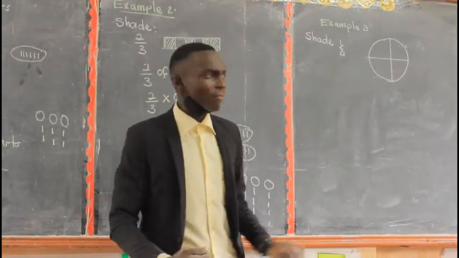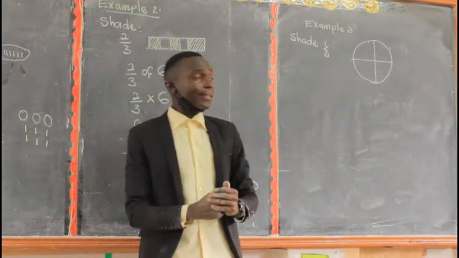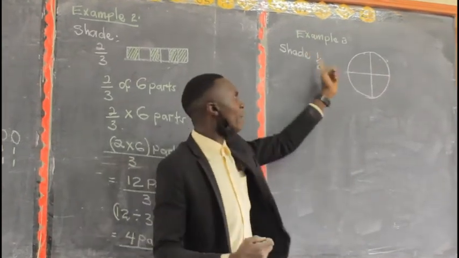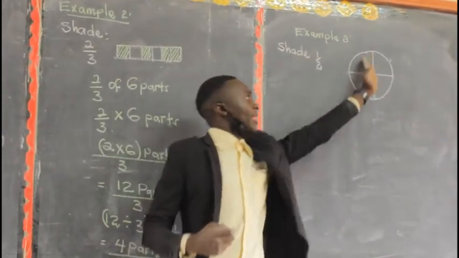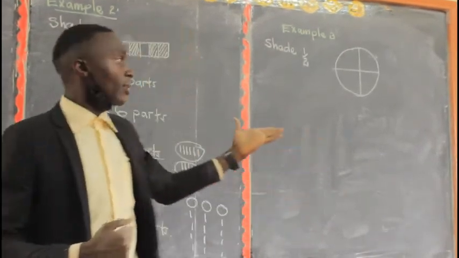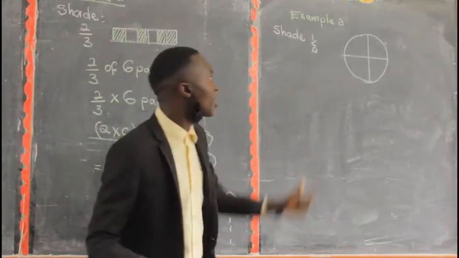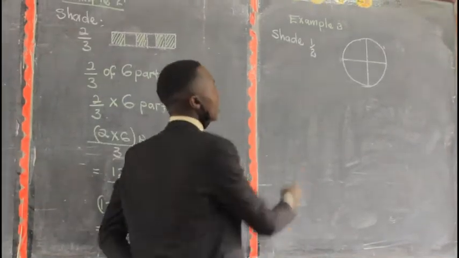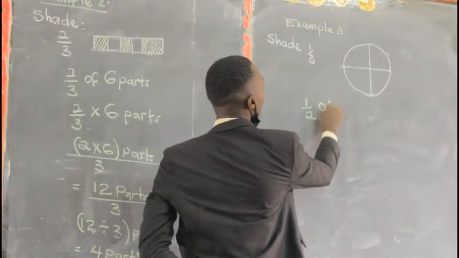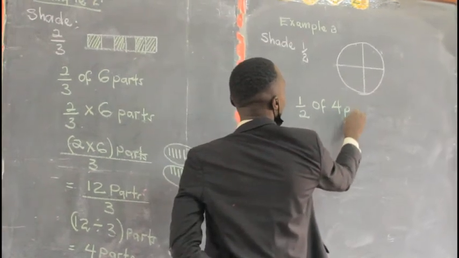But how many parts? Someone tells you that you are going to shade 1 out of 2, but there are 1, 2, 3, 4 parts. How can you shade 1 part out of the 2 parts, yet they are 4 parts? Let us calculate. 1 out of 2 simply means that we are going to say 1 out of 2 of how many parts? 1, 2, 3, 4 of 4 parts.